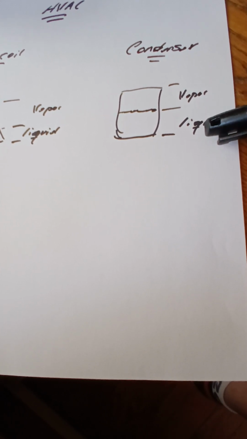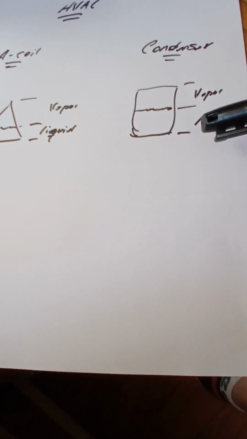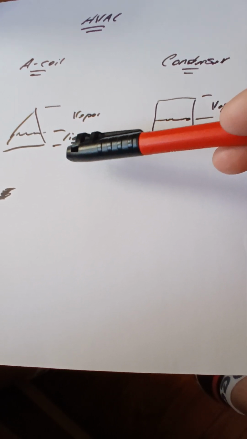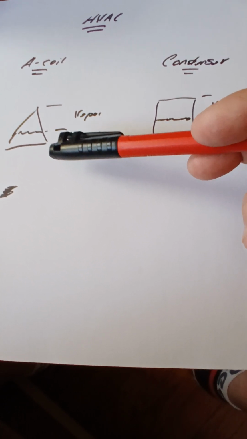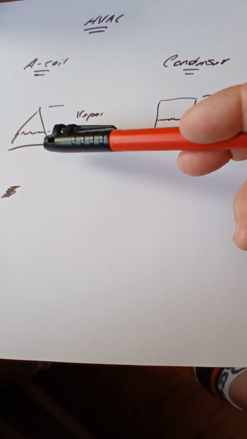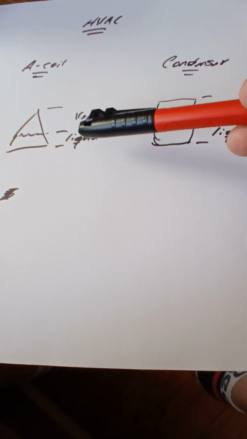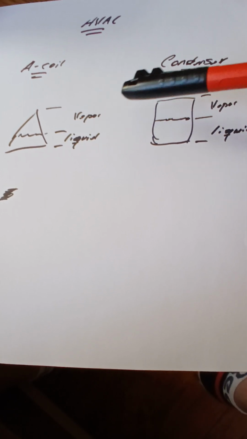The bottom is liquid and the top is vapor. And then the liquid travels from here, goes through a TXV or a piston unit, which I'm assuming is like a pressure reducer. Then it comes in here and begins to flash. It turns to liquid and vapor. So on the A-coil, the bottom would be liquid, and on the top would be vapor.